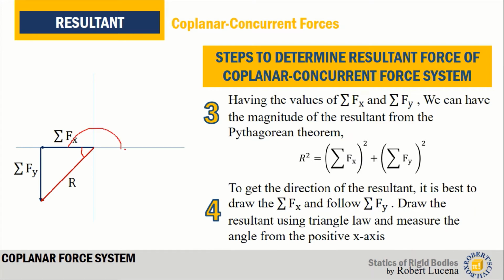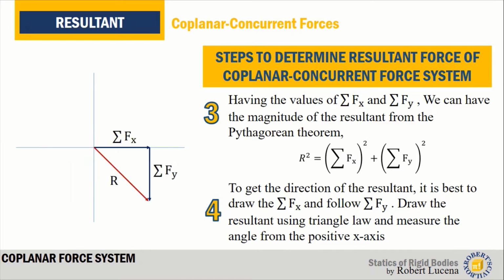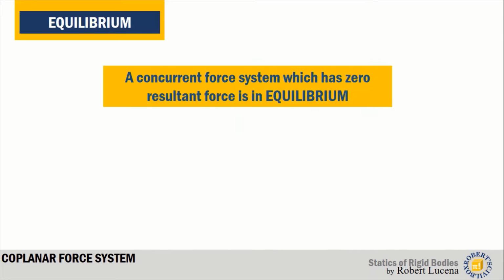Now, if you want to measure it the other way around, always take note that if you measure it clockwise from the positive x-axis, that is a negative measurement. Now, if you have positive sigma fx and negative sigma fy, the same case goes.